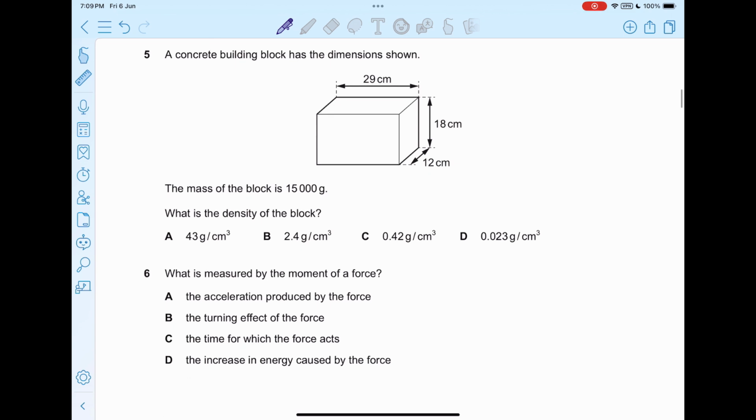Number 5, a concrete block has the dimensions shown. The mass of the block is 15,000 grams. What is the density of the block?